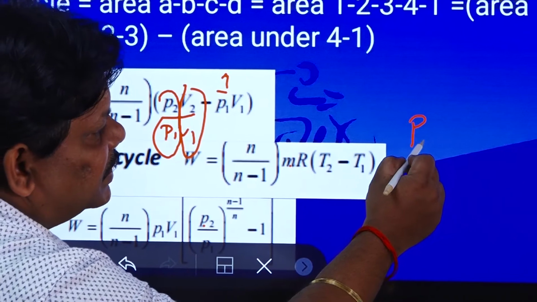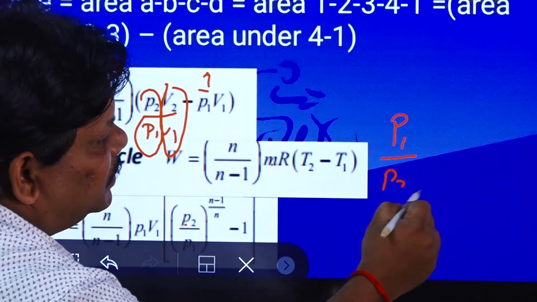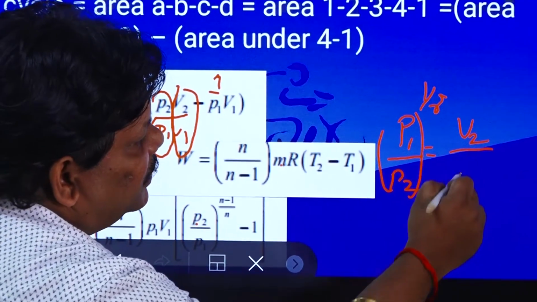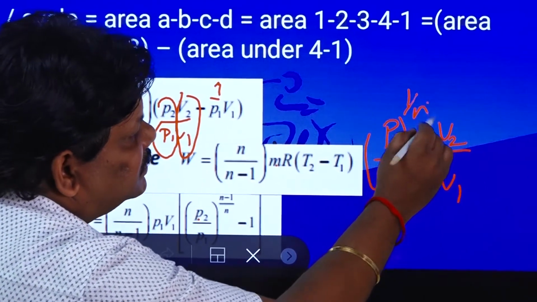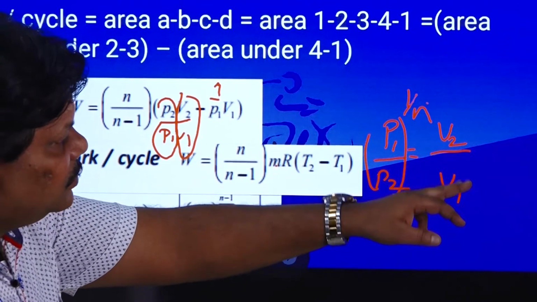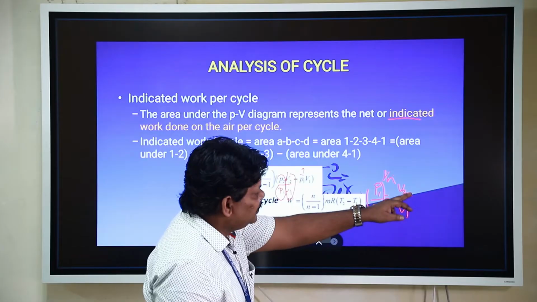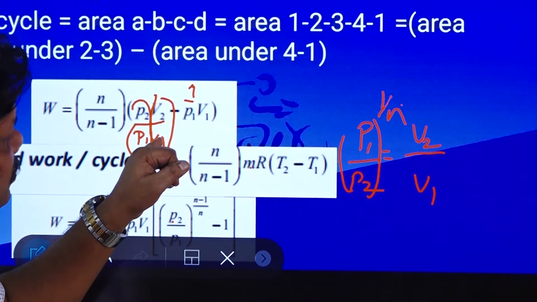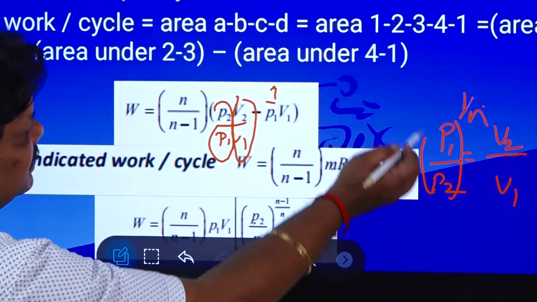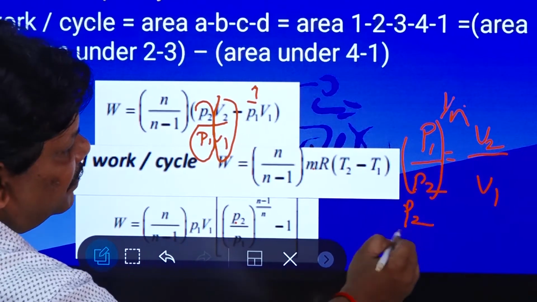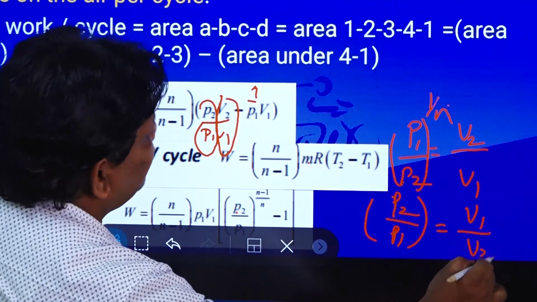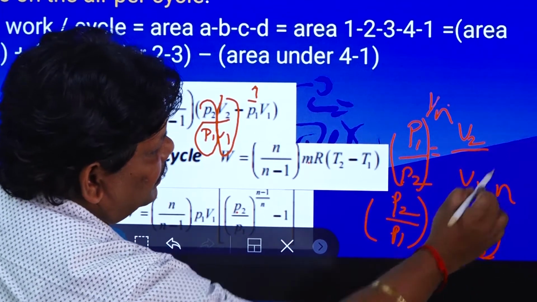Use the PVT relation for the polytropic process. P1 by P2 will be equal to V2 by V1 whole power n. Interchanging the numerator and denominator, P2 by P1 whole power 1 by n is equal to V1 by V2.